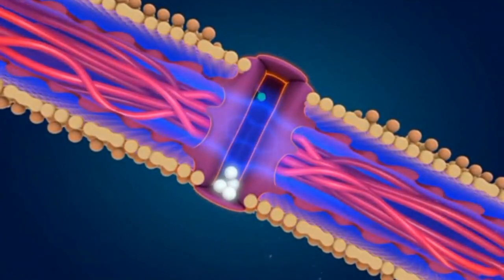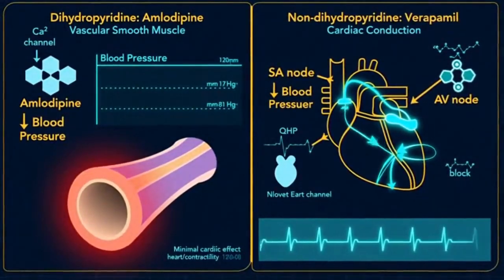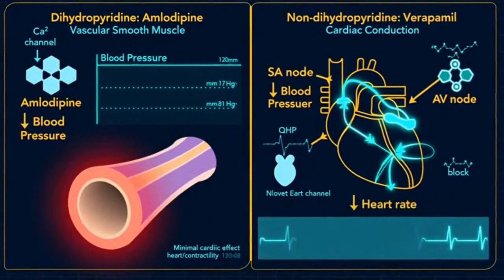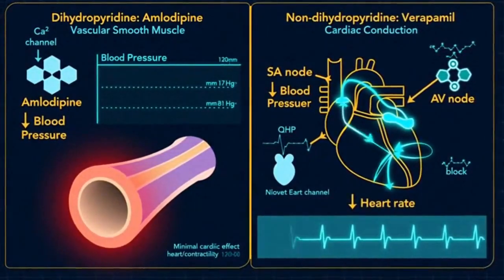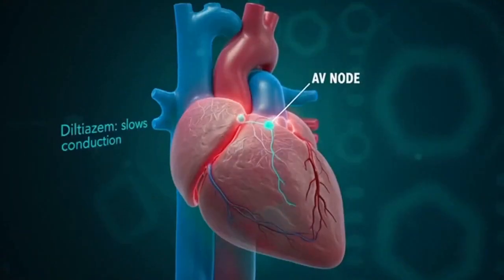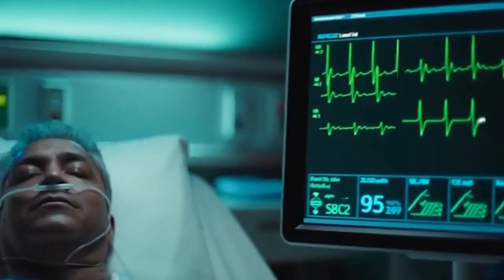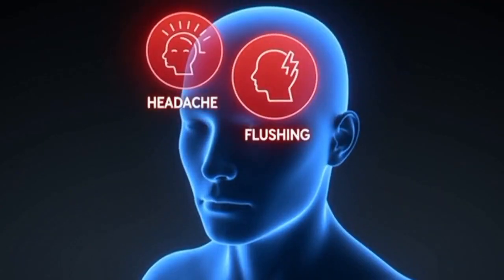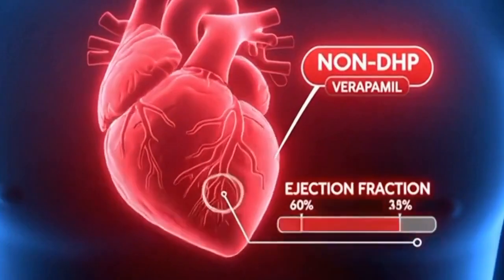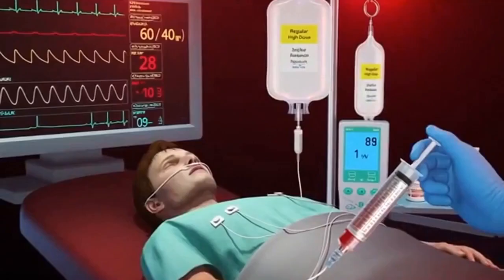Vasospastic angina, Prinzmetal's angina, where coronary vasospasm drives ischemia. Dihydropyridines directly relax coronary artery smooth muscle. Raynaud's phenomenon, reducing digital vasospasm. Nicardipine and clevidipine IV formulations are used for hypertensive emergencies requiring titratable blood pressure control.